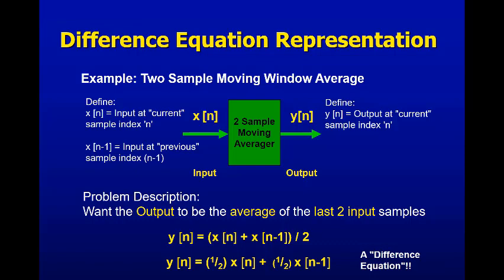And we'll demonstrate that today, where we literally implement the difference equation and take our sample values, our number values, and crunch through the mathematics, just like a computer would do, or some digital hardware would do.